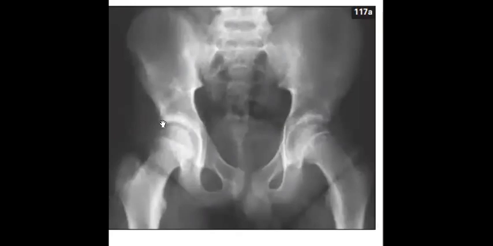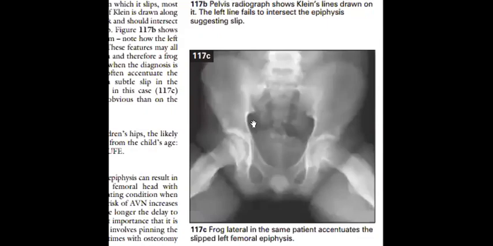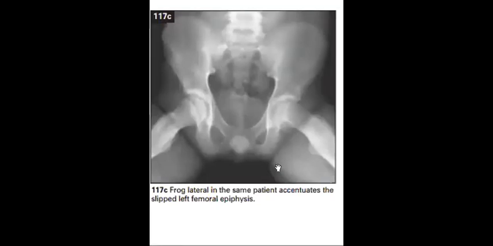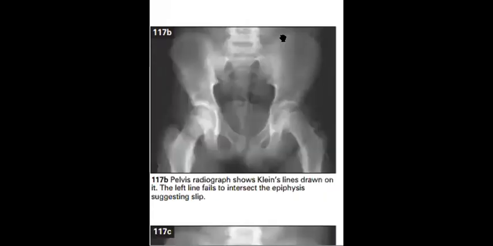So when it doesn't intersect, like here, then it is a slip, and it could be bilateral. You remember our discussion before about it. The best view will be the frog leg, which accentuates the slipped capital femoral epiphysis. And this is the line, if you remember. Yes.